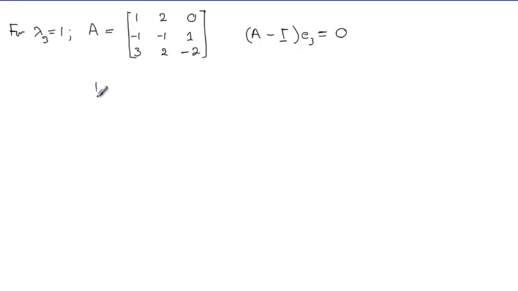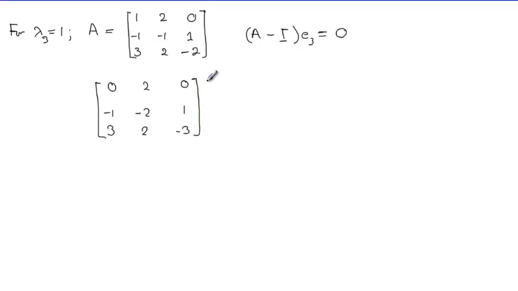We're going to have 1 minus 1, which will give us 0, 2, 0. Then minus 1, and 1 minus 1, we're going to have here minus 2, 1, 3, 2, and then minus 2 minus 1, minus 3.